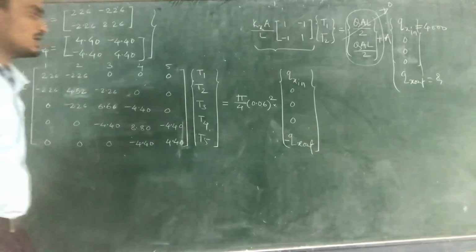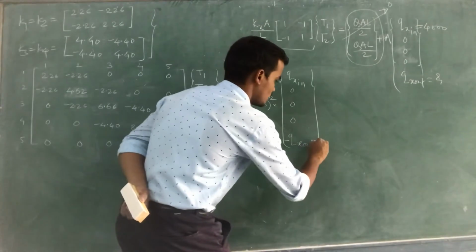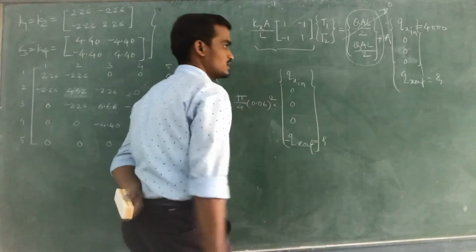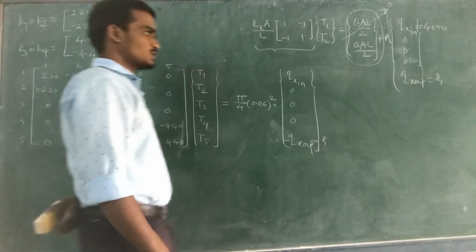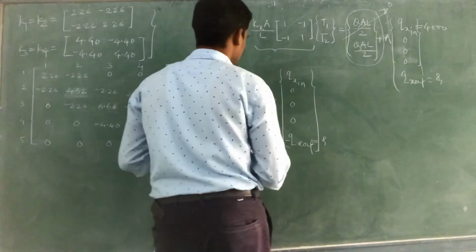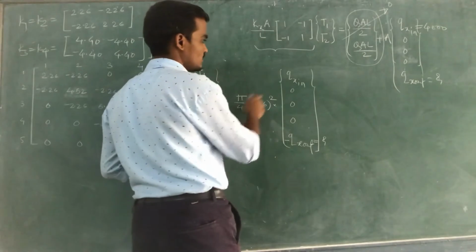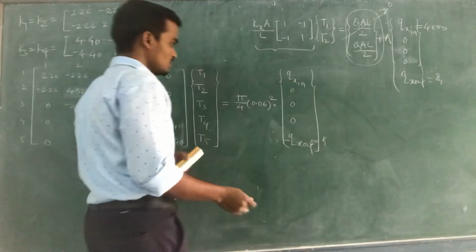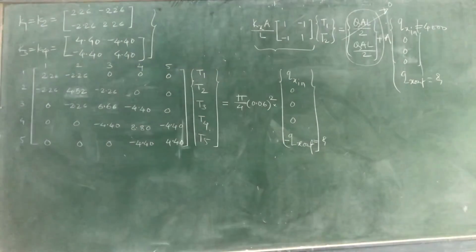So here the unknown value is qx out. Which one is unknown? We need to eliminate this row and this column. On the RHS, if we multiply this area with qx in, so pi by 4 into 0.06 squared, this value is equal to 11.31.